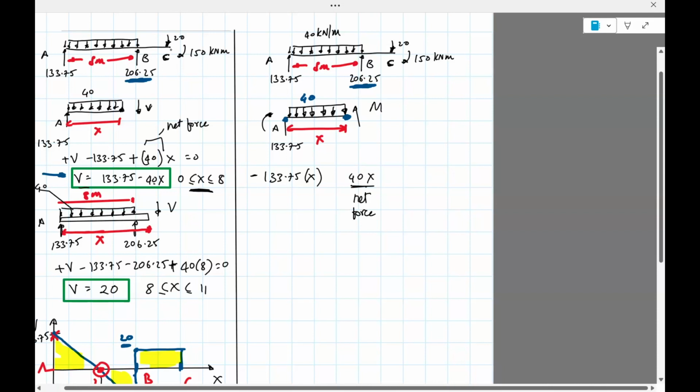But that force will be acting approximately midway, right? So the distance of the net force is x divided by 2 from the point at which we put the cut. This is the moment. Since the load is downward, it induces a counterclockwise moment, so it's plus, and then M is counterclockwise, so plus, equals 0.